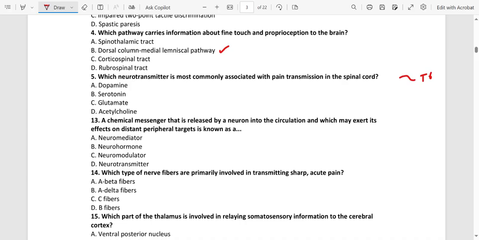The anterior carries basically touch and pressure. You can try to remember this using a TAP. Hopefully that will help you remember instead of confusing you. In TAP, the T is touch, the P at the end is pressure, and the A in the middle is anterior. And the lateral spinothalamic tract that remains is for pain and temperature. Hope you don't confuse the P in TAP for pain. It's pressure, right?